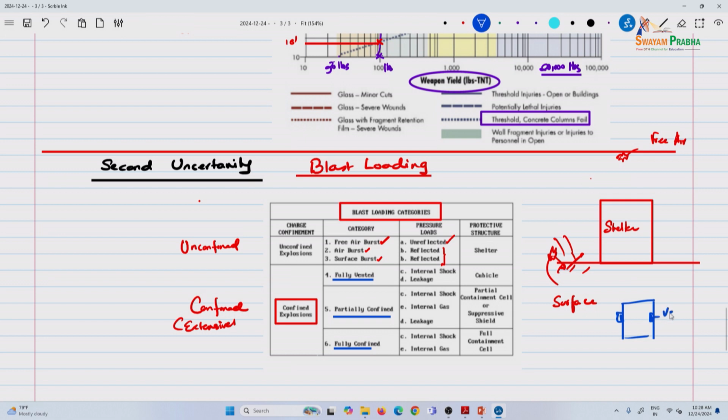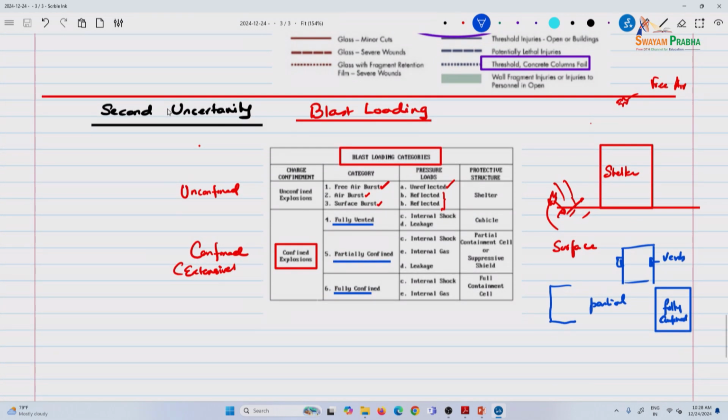So, these are the vents, and partially confined is if you have a structure like this, and fully confined is a structure like this. For each one of them the procedure is the same, it is just you have a different set of curves to bring your data from, but awareness, knowing that this is available, is one of the goals of this course as well, to sort of shine light on what is out there.